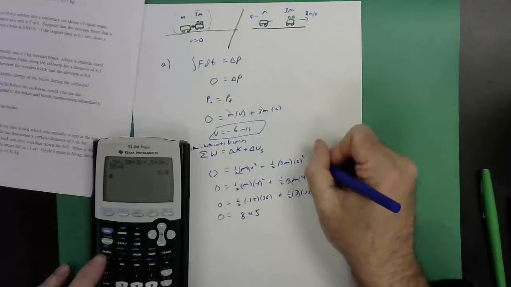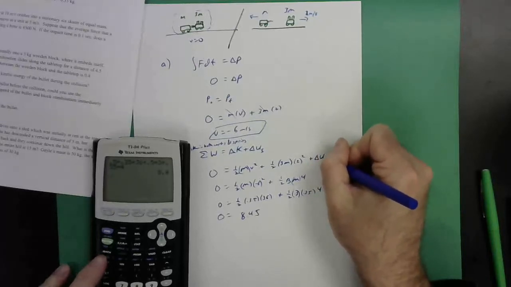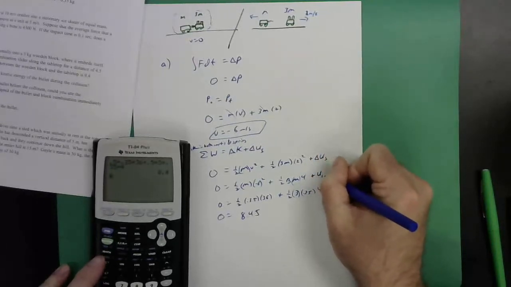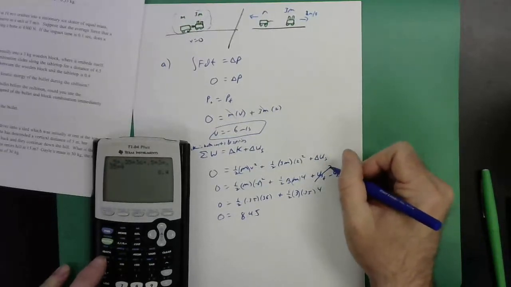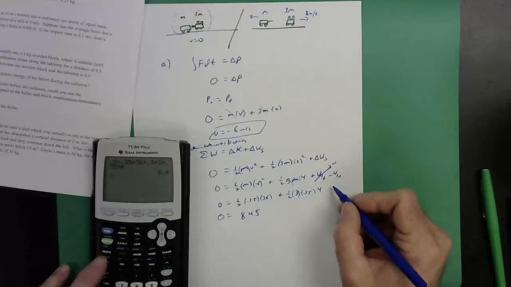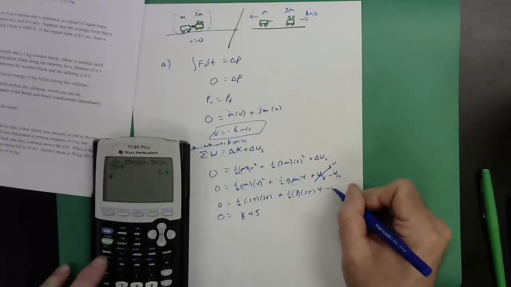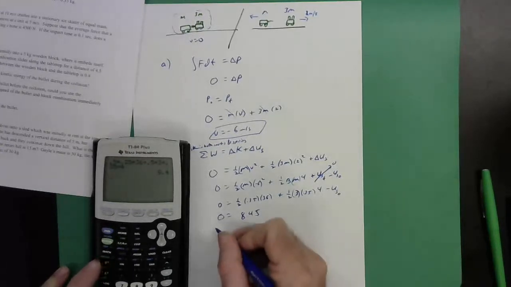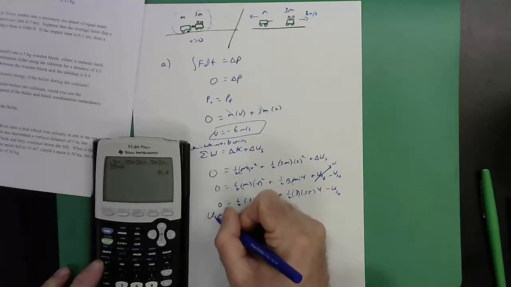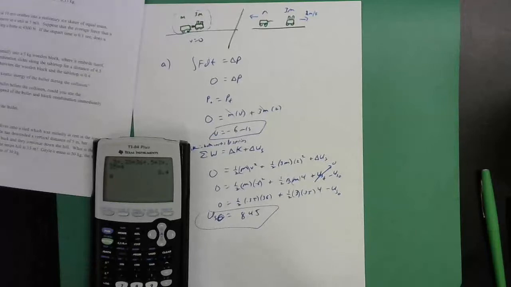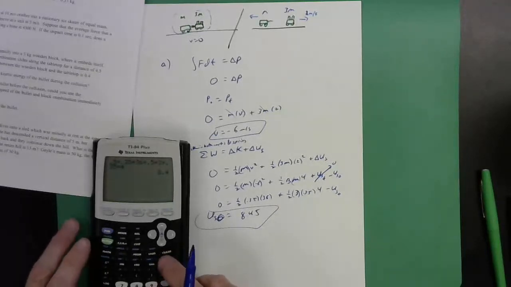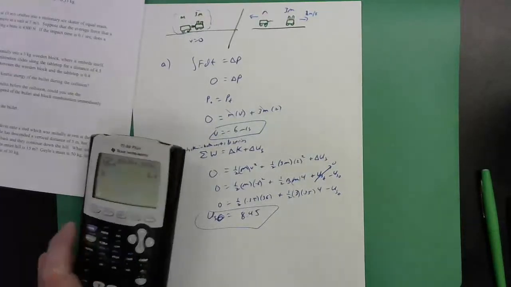You know what, this is plus the change in the energy in the spring, sorry about that, which would be U spring final minus U spring initial. But at the end, the spring isn't crushed anymore, so there's no energy in it. So that's really just minus the energy in the initial. I can move that initial energy over to the other side. So then U spring initial is 8.4 joules. That's what I was trying to find. And that is part B.